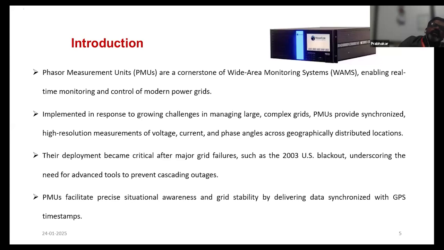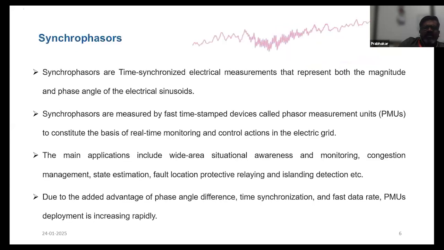People are very interested in working on this area, that is data analytics, which is totally dominating the power system network, be it home energy management or power system study. Huge amount of data is available now, which helps us do a lot of studies, maybe in terms of forecasting or analysis.